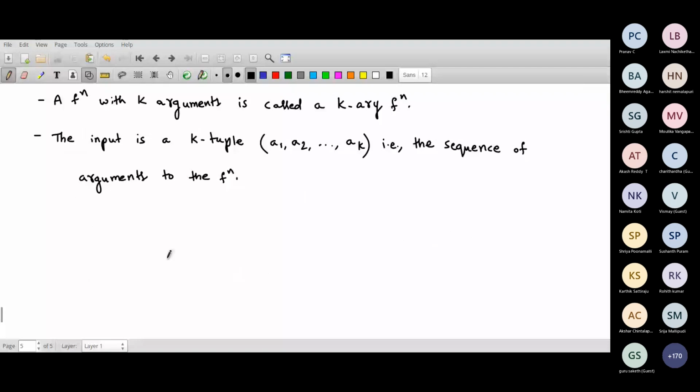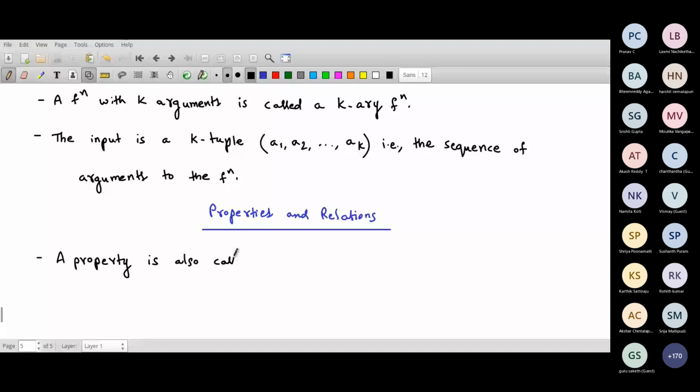So now let's look at properties and relations. A property is also called a predicate.